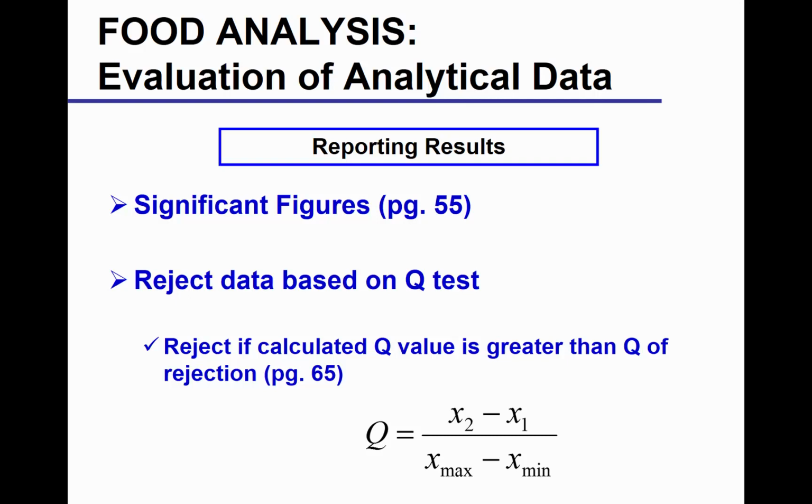Okay, so let's say you are calculating caffeine, and you ended up with a concentration of 43.5 micrograms per milliliter in your sample. But before you were able to get the caffeine content, you had to dilute this sample 50 times.